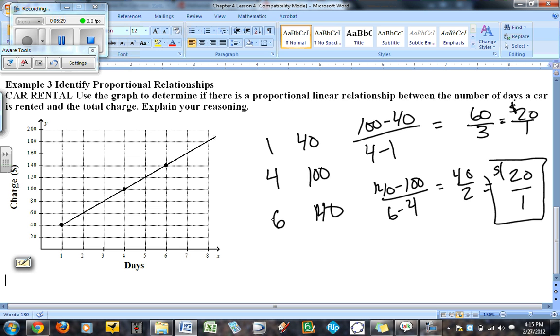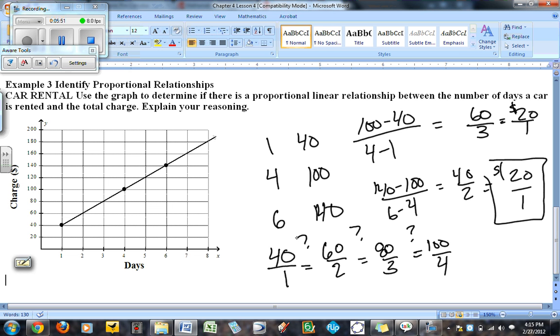Now let's see if it's proportional. If it's proportional, these ratios are going to have to be the same. We pay $40 for 1 day, or, since it's going up by 20s, $60 for 2 days, or $80 for 3 days, or $100 for 4 days. Is this proportional?